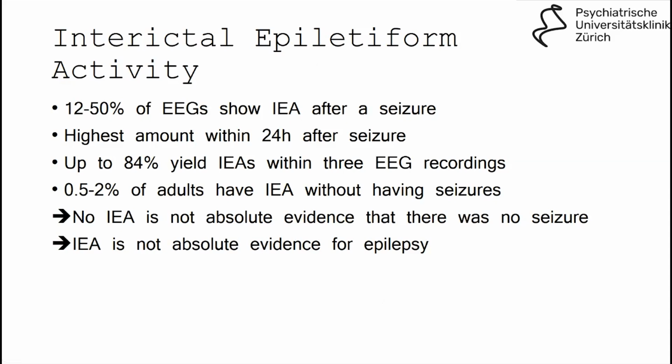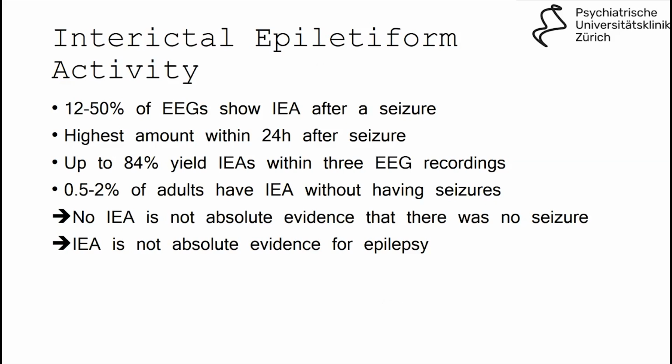This is maybe not a proof, but it points in the direction that a seizure is very likely. And if you make more than one recording, let's say 3 recordings, we often don't have the capacity, but if you can do that, you will have up to 84% certainty that you will have an IEA in your EEG recording.